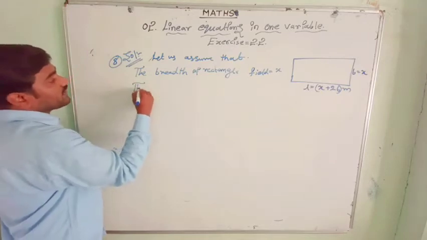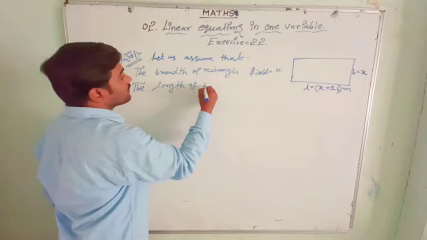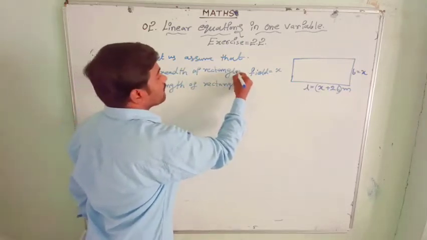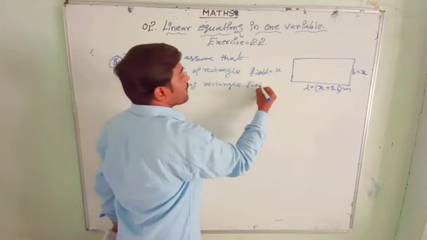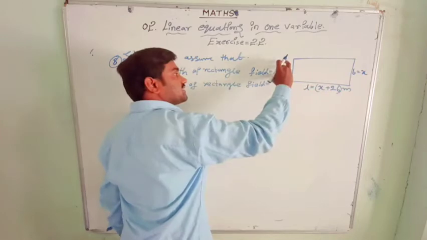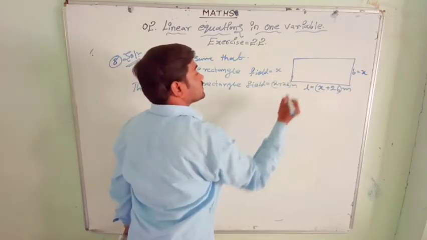Then what is the length of the rectangular field? The length of the rectangular field is 26 meters more than the breadth. If the breadth is x, then the length will be x plus 26 meters.